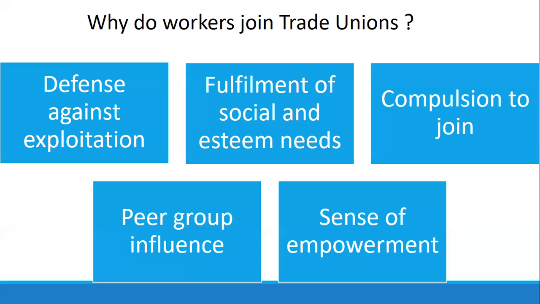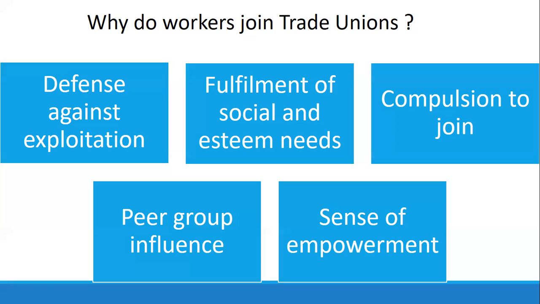That power is going to make the individuals influential because of the group or trade union influence. So individuals join a trade union with the reason that they may get empowerment when they join this group.